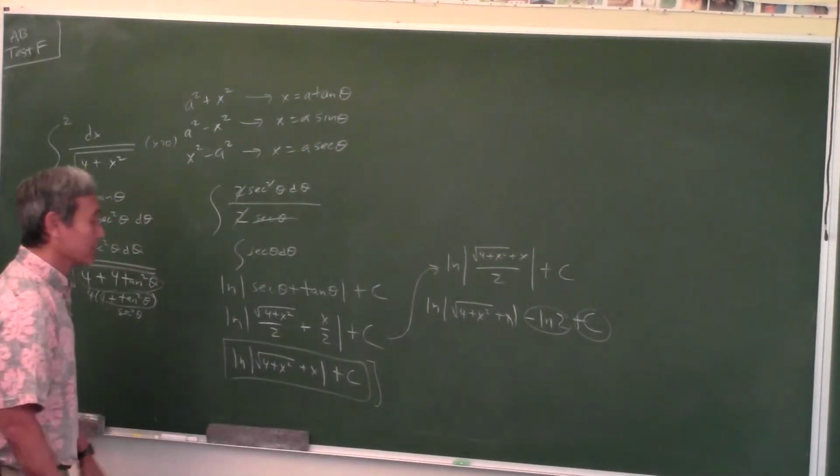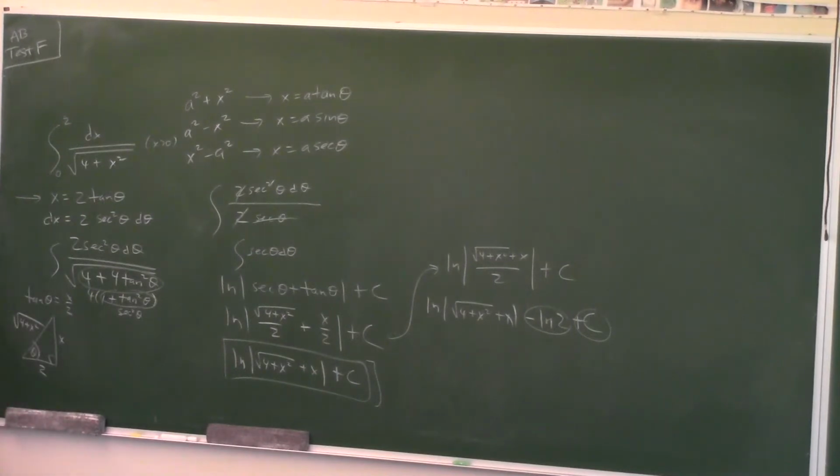It's not dumb. It's just taking extra steps. So, what are the new limits on this theta integral? Go back to your initial substitution. If I plug in 0 for x, because this is from x equals 0 to x equals 2, you get tan theta equals 0.